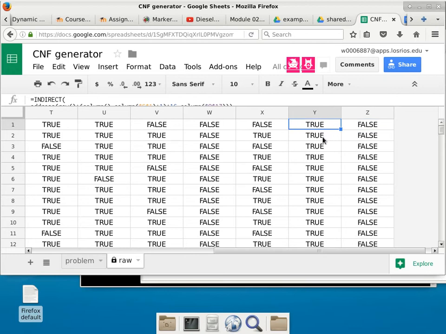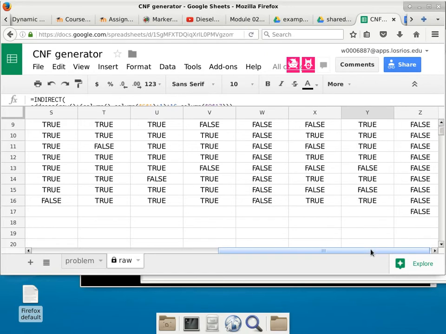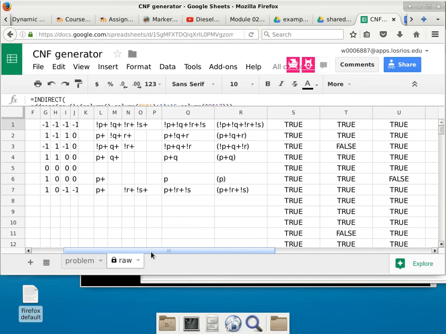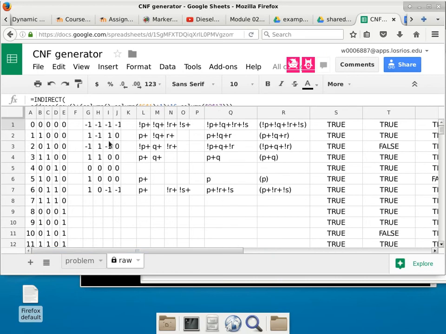It's a conjunction of all of these. There may not be any quick way to do it, unfortunately. And all of these are coming from here. So I'll have to think about how to fix this.